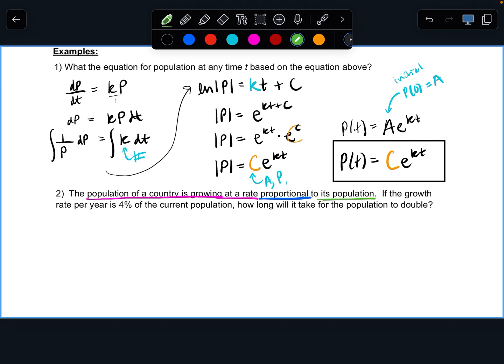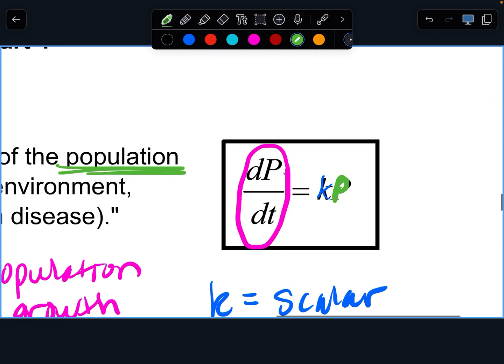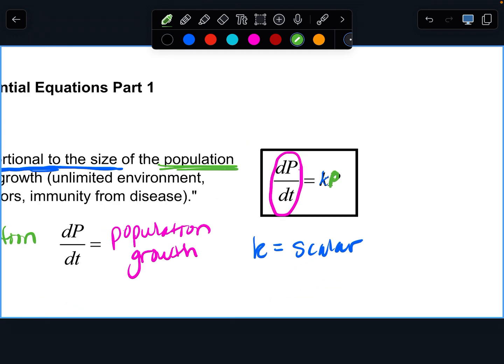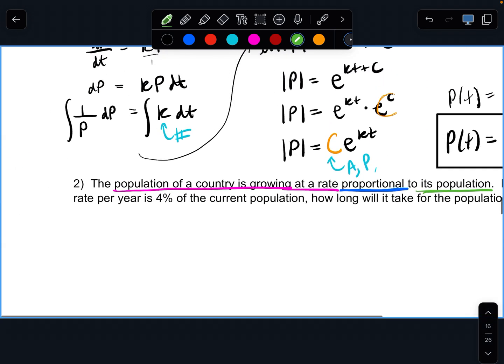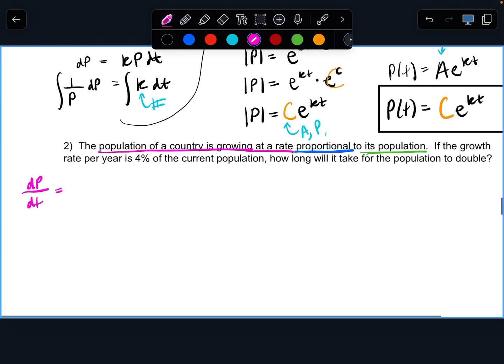So what that means is it's following this model, okay? This is a very common population growth. So when it says that in the question, population growing at a rate proportional to its population, that's how you know it's for sure going to be this thing, okay?